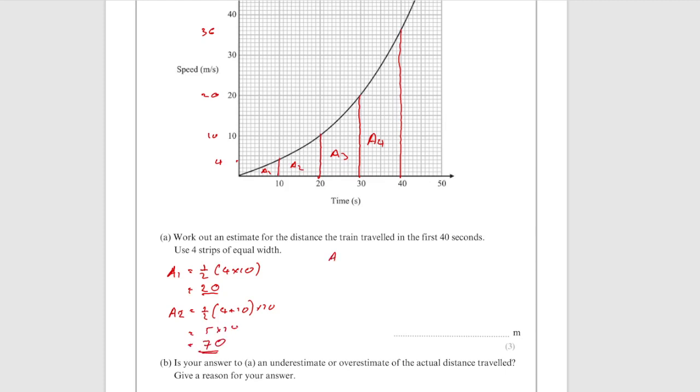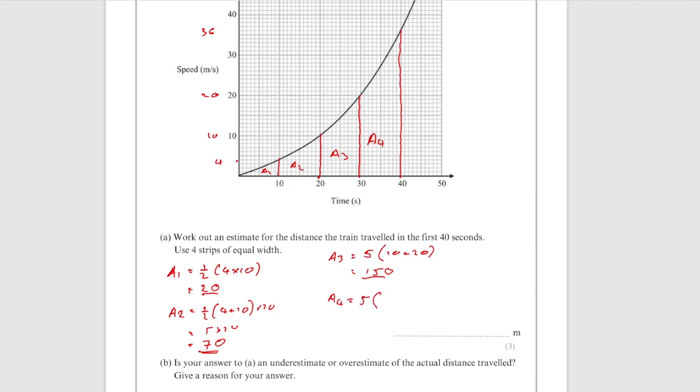The third area is going to be equal to, rather than write half and then times by 10, I'm just going to write 5 lots of these two lengths added together, so that's going to be 10 plus 20. So 5 times by 30 is going to be 150. And then the area of the fourth trapezium is going to be equal to, again, rather than write half times 10, I'm just going to write 5.